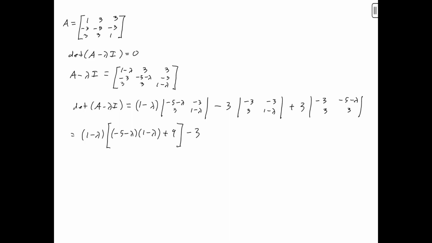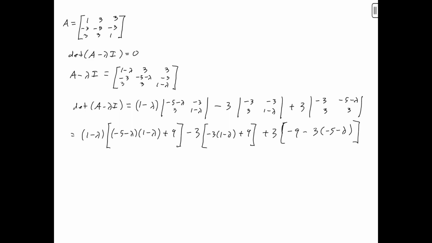Minus 3 times negative 3 times 1 minus lambda minus a negative 9 is plus 9, plus 3 times negative 3 times 3 is negative 9, minus 3 times negative 5 minus lambda.